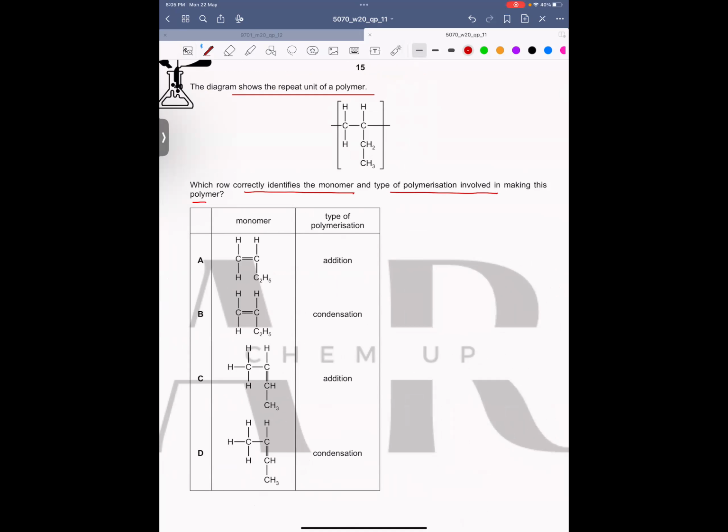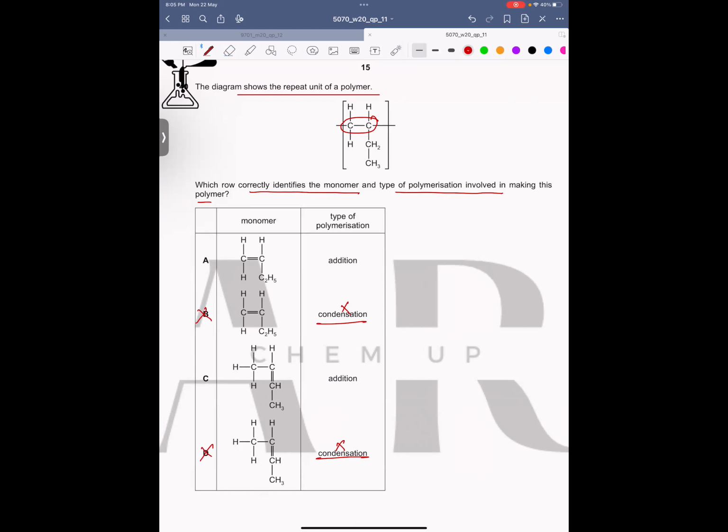So, it means it is an addition polymer because there are carbon bonds in the middle chain. Over here, the middle chain which is connecting with other monomer units has carbon bonds. So it clearly indicates that it is an addition polymer, not a condensation polymer. So on the basis of that, I can easily mark these two wrong. Now I have to choose from the other two.